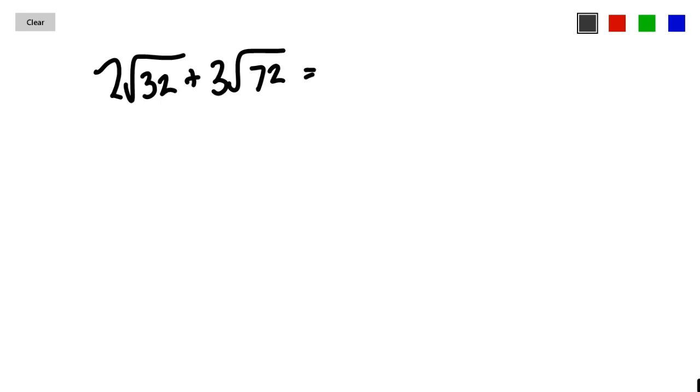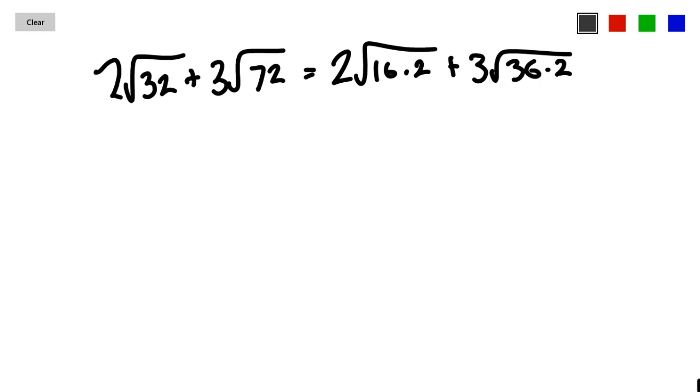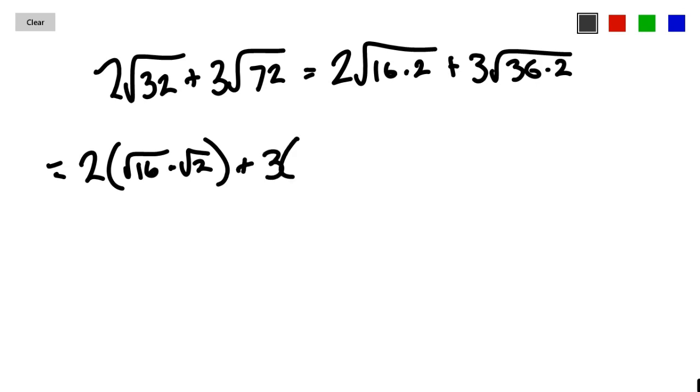So this is the same as me writing 2 times the square root of 16 times 2 plus 3 times the square root of 36 times 2. And I can rewrite those radicals in this way. So I have 2 times the square root of 16 times the square root of 2 plus 3 times the square root of 36 times the square root of 2.